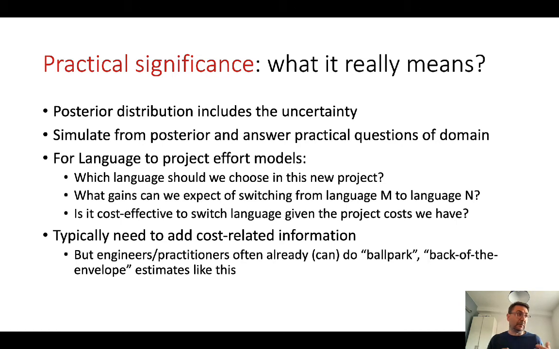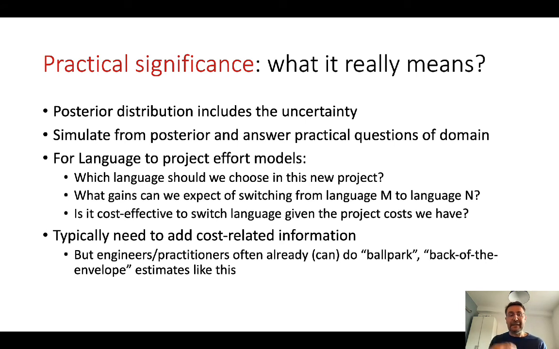We can also consider a situation where we are actually using one language, and ask what kind of gains we can expect from switching from one language to another. And if we also have some kind of cost estimates or actual data on the costs involved, we can combine the posterior simulations with cost information and get intervals of the actual cost, return on investment, for example.